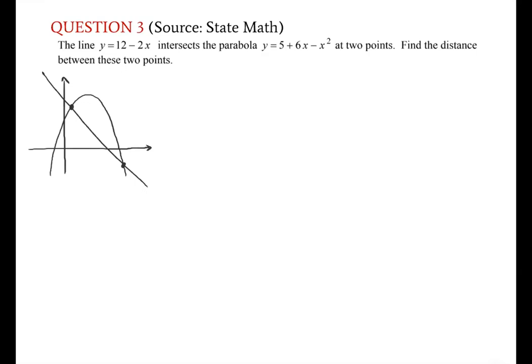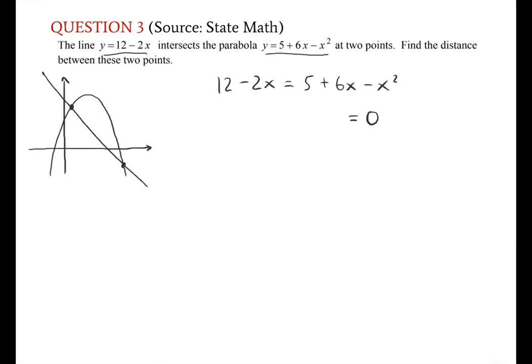To find the points of intersection, we have to set both equations equal to each other. So we're going to set 12 minus 2y equal to 5 plus 6x minus x squared. And we want to move everything to one side so that one side of the equation is 0.